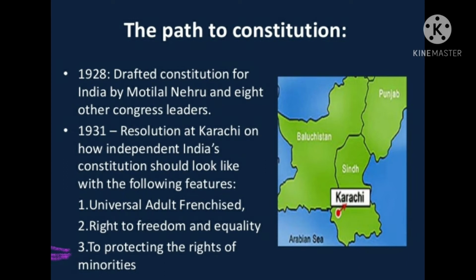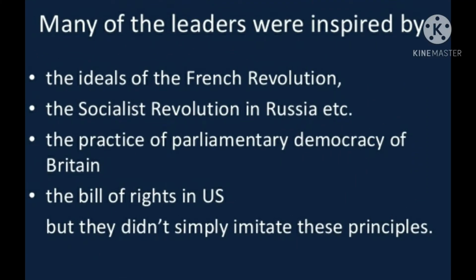And in 1931, the resolution at the Karachi session of the Indian National Congress dwelt on how independent India's constitution should look like. Both these documents included features such as universal adult franchise, right to freedom and equality, and protecting the rights of minority in the Constitution of Independent India.